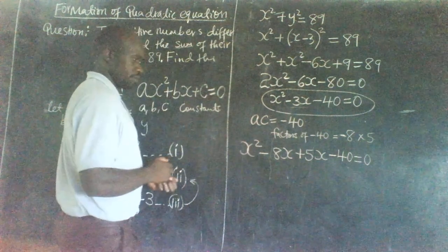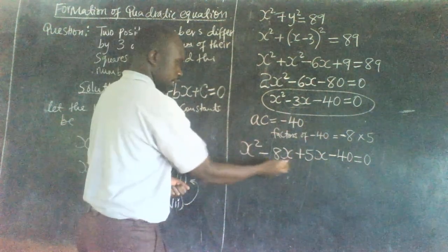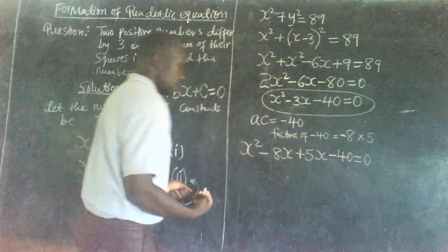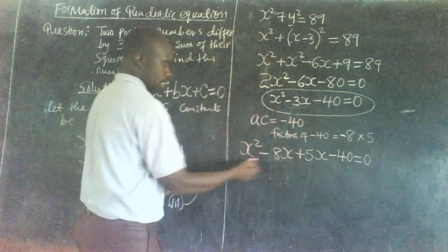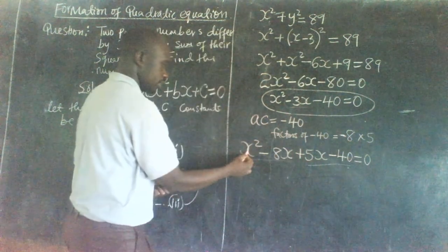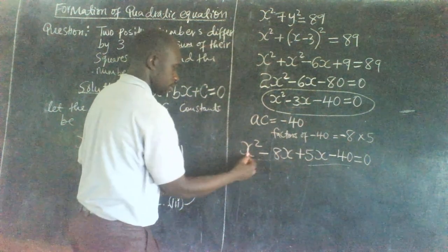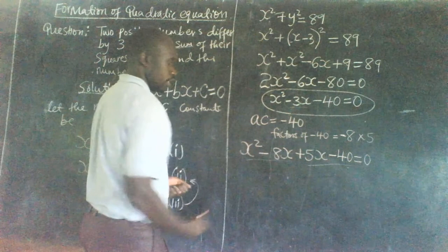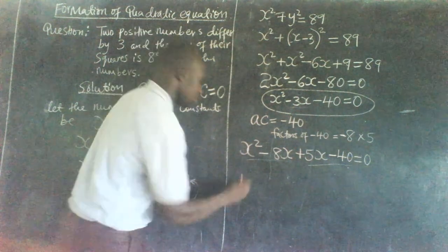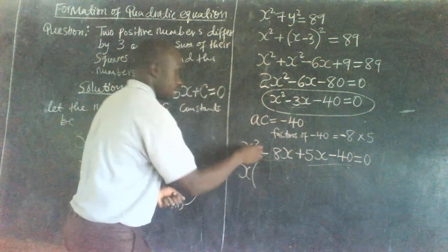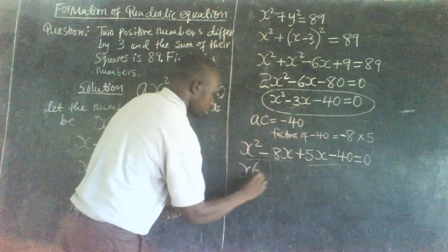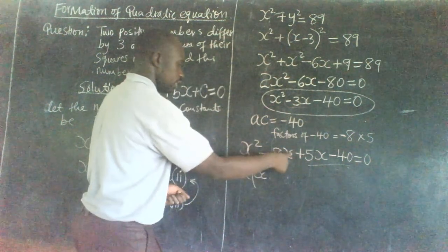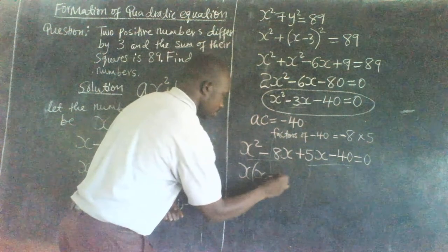From there, we take into pairs and factor out. For x squared minus 8x, the common factor is x. So we have x, then x squared divided by x is x, minus 8x divided by x is minus 8.